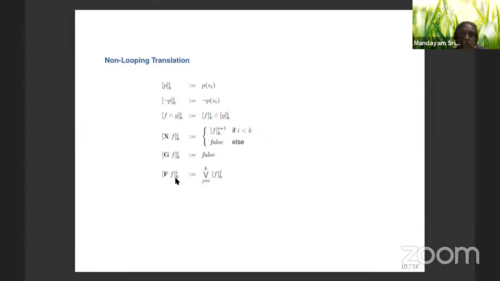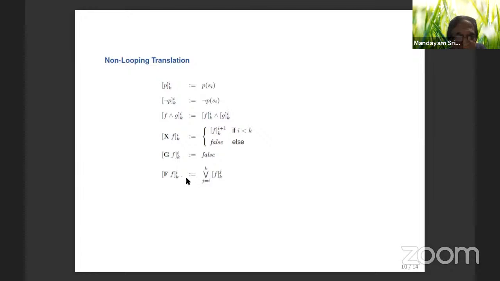If it's F, if it is true at any one of these suffixes, it is true of F. Sometimes I get confused and say it as satisfaction.